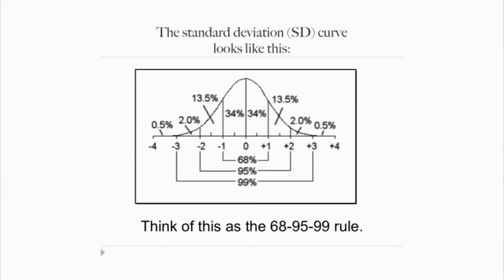When you get out to two standard deviations, there's only 13.5% of the population on either side of that who have a density higher than 1 standard deviation, or who have less than one standard deviation, between 1 and 2 standard deviations.